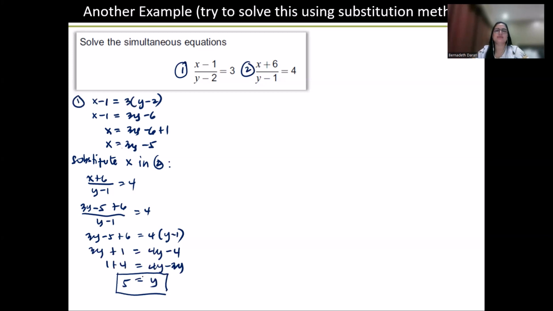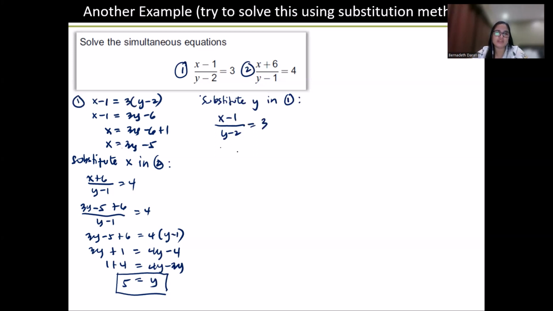Okay? Now, what we're going to do is substitute y in either equation 1 or equation 2. Let us try to substitute y in equation 1. So we have x minus 1 over, let us write first our first equation.